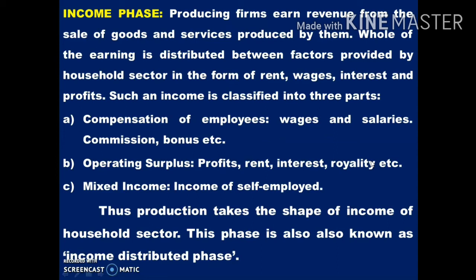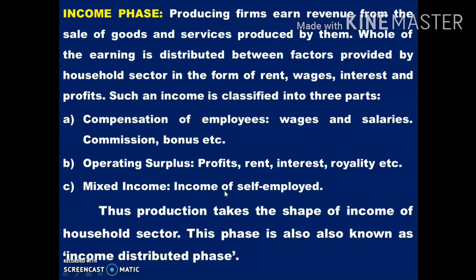So you can see operating surplus, profit, rent, interest and royalty. Then there is the income of the self-employed, the mixed income, for example of auto rickshaw drivers, who are self-employed.